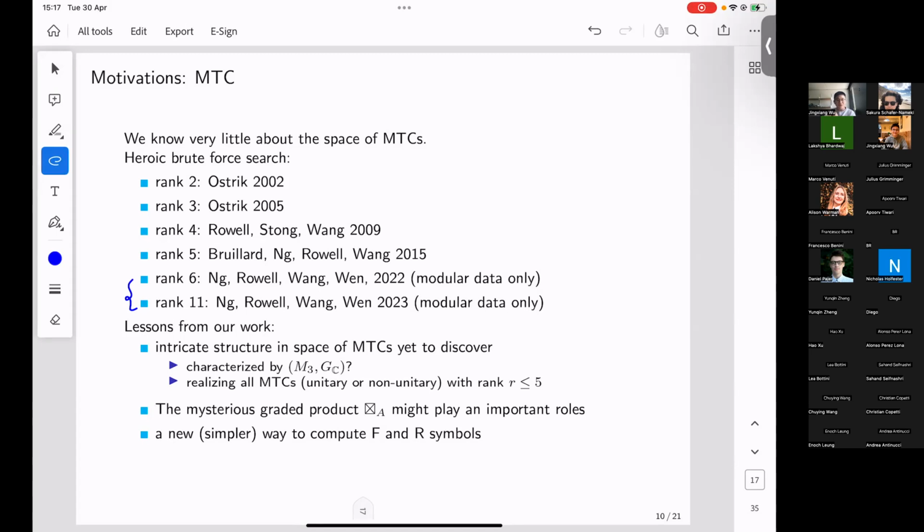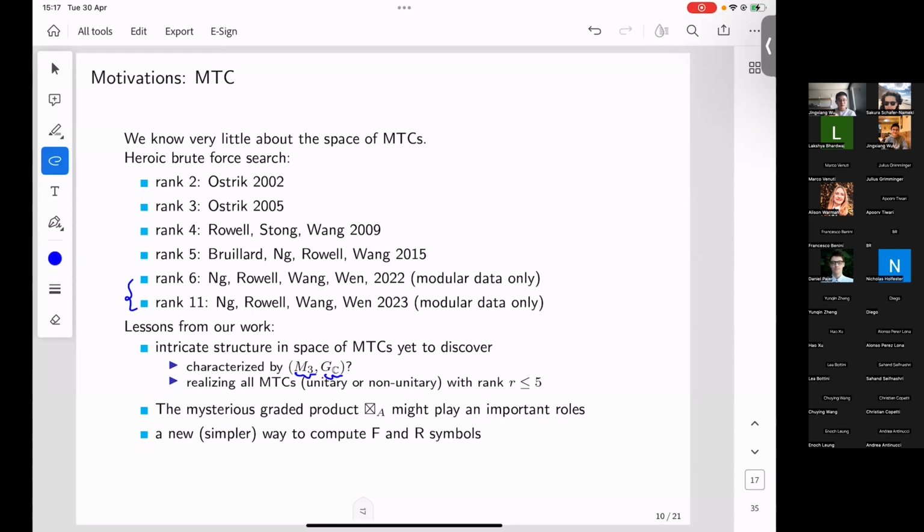We tried to put this simple crazy idea to the test, and it turns out up to rank 5, all of the MTCs, including non-unitary ones, can be constructed this way, just by changing M3 and our group here.